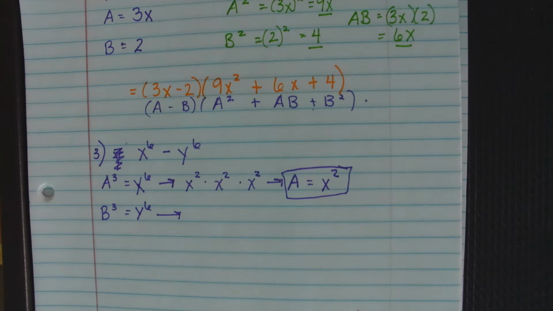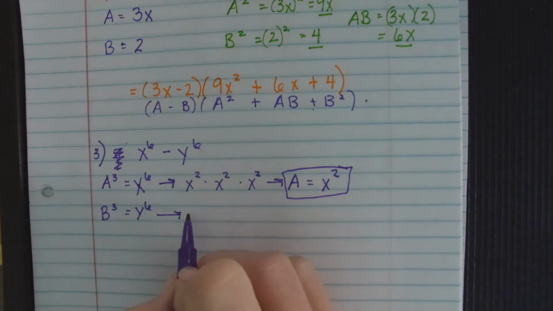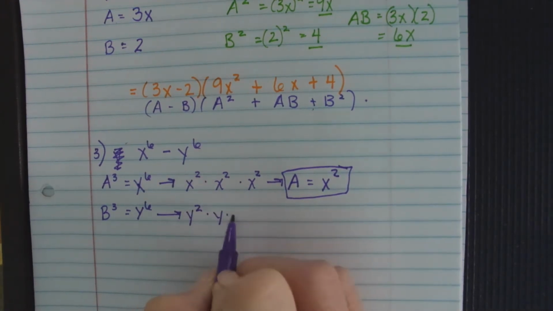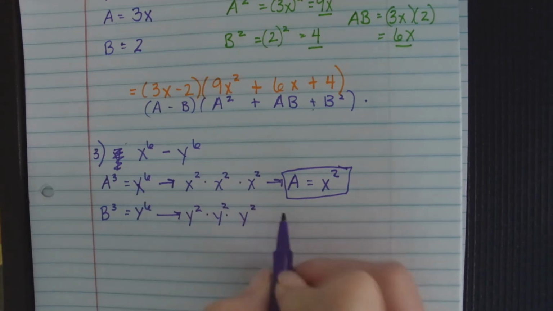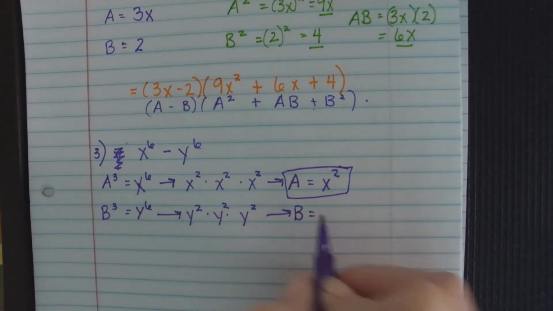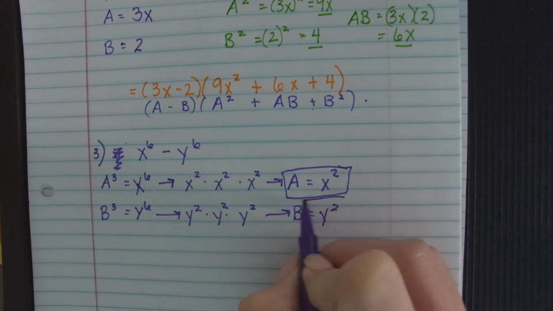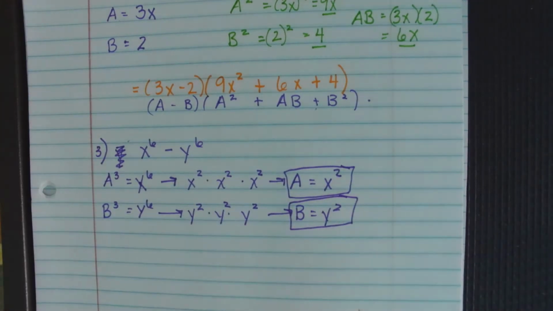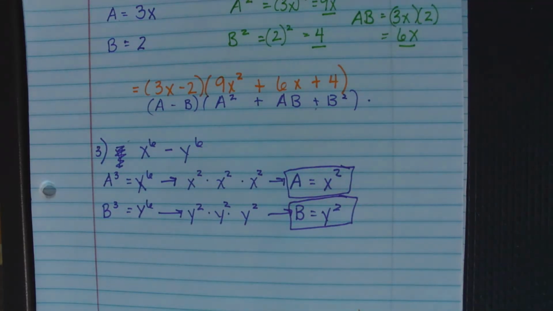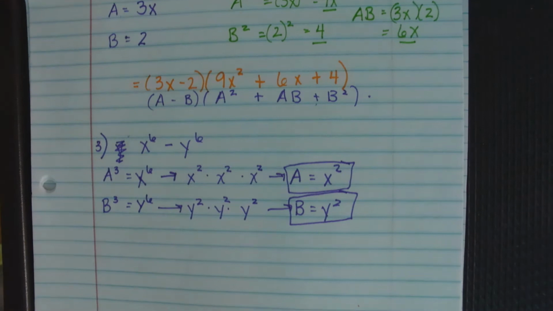The cube root, because it's 3 times, is simply X squared. So that means B is y squared. So here you have y squared, and therefore, like Jenny said, it is y squared. Okay? This is just a refresher on your exponents.